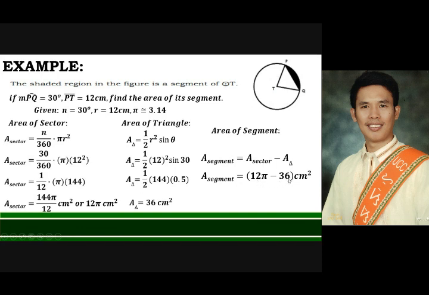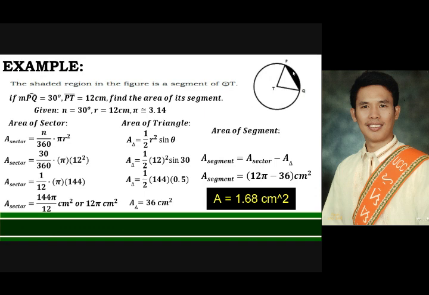But if, let's say, you're diligent and instead of pi you used 3.14, you'll simply multiply 12 by 3.14, then subtract 36. The result here will be 1.68 cm squared.